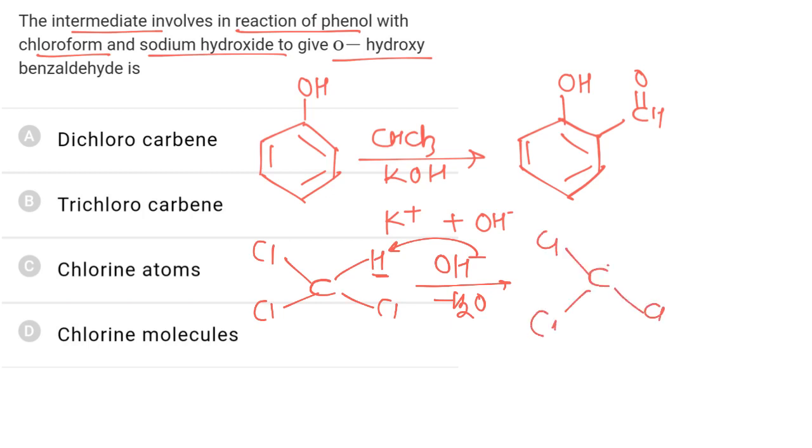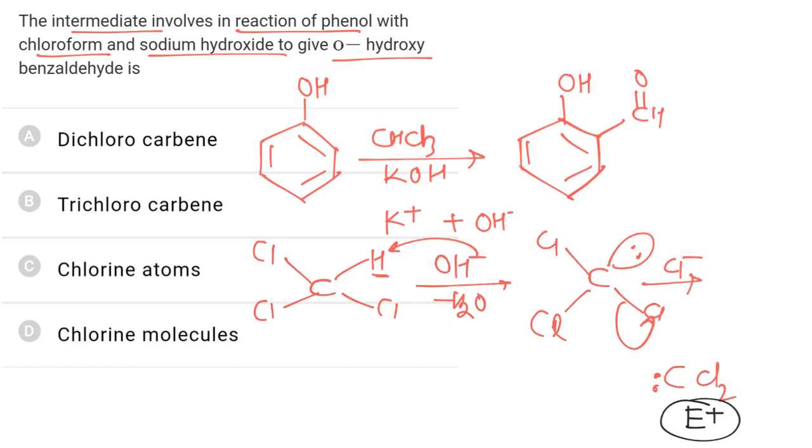Now Cl- is removed, so after removal of Cl- it gives dichlorocarbene. Now this dichlorocarbene acts as an electrophile in this reaction, so the correct answer is A, dichlorocarbene.